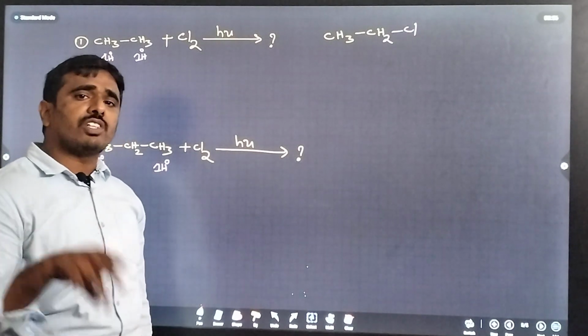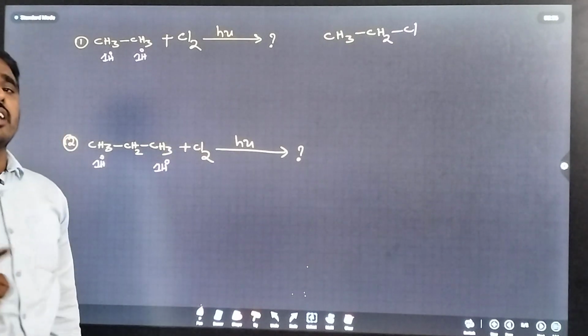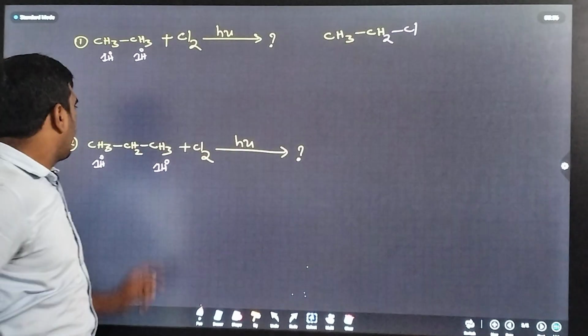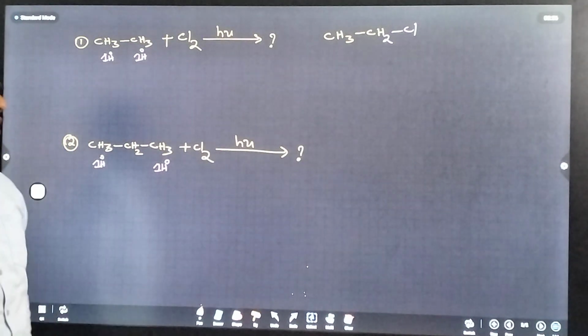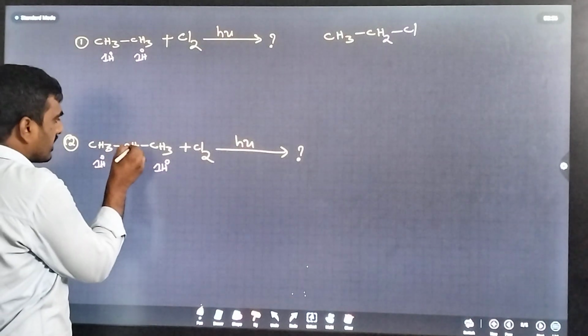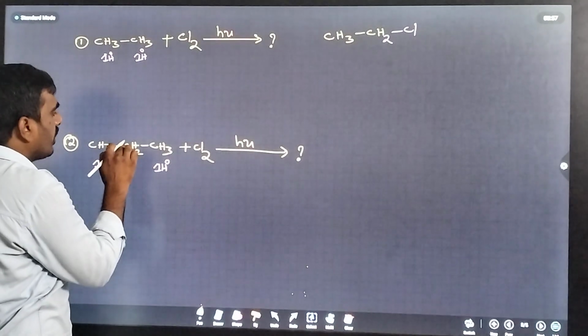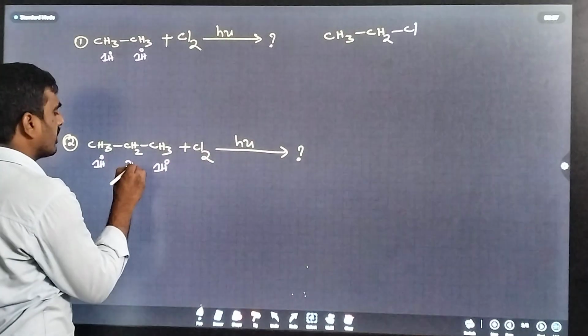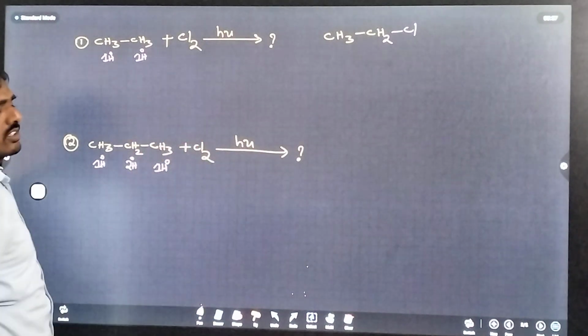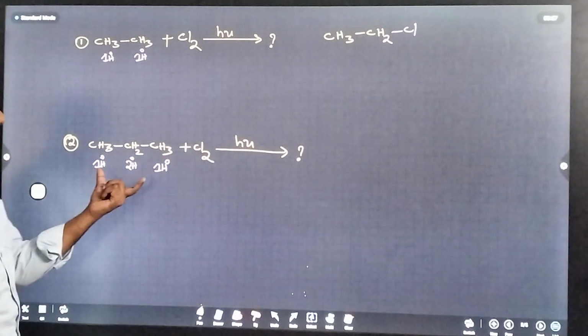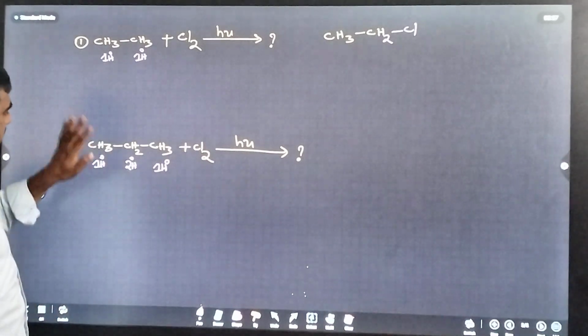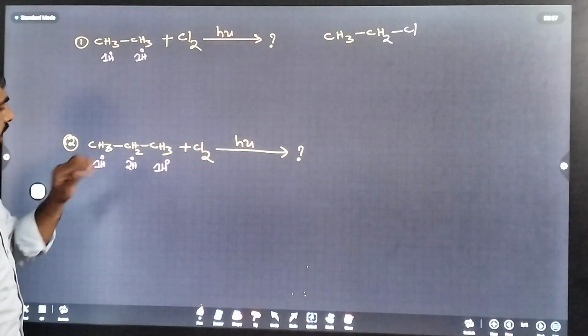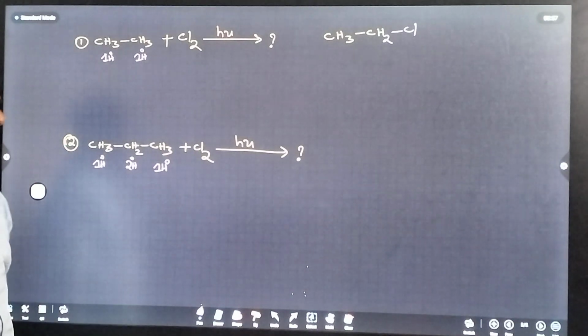The hydrogen atoms which are directly attached to secondary carbon are called secondary hydrogens. These two hydrogens are connected to secondary carbon, that's why these are the secondary hydrogens. So here two types of hydrogens are there, 6 primary hydrogens and 2 secondary hydrogens.